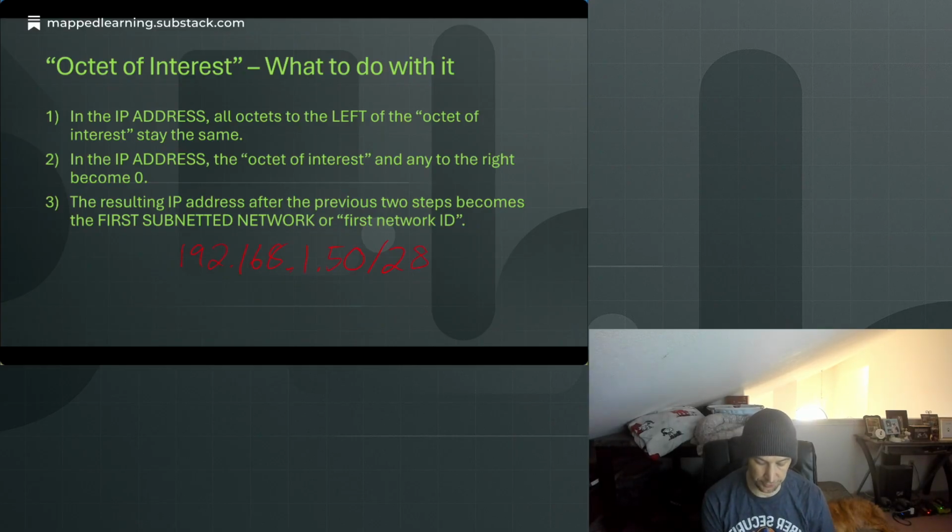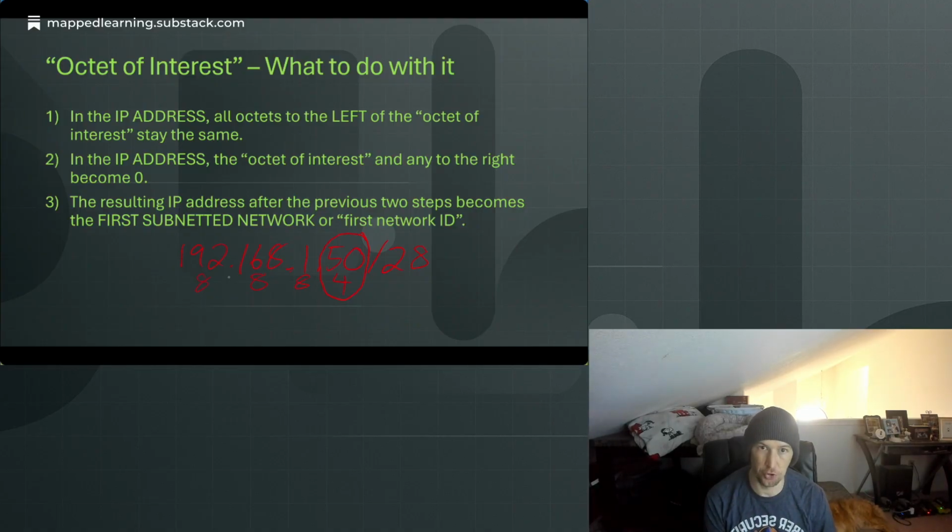In the IP address, all octets to the left of the octet of interest stay the same. Now, what is the octet of interest in this IP address? Since the CIDR notation is 28, we have 8 plus 8 plus 8 plus 4, so this is our octet of interest.